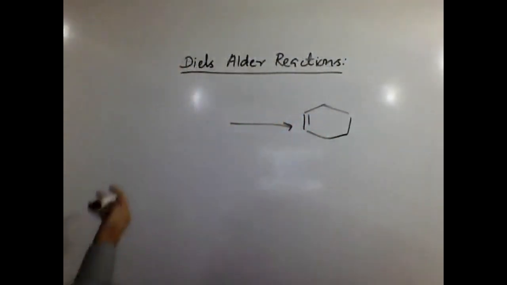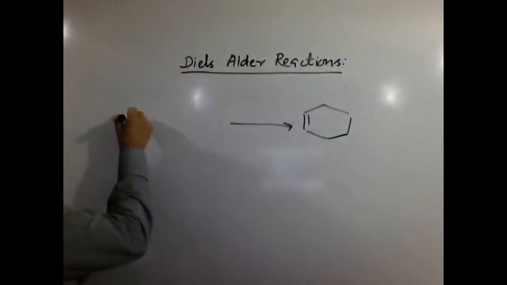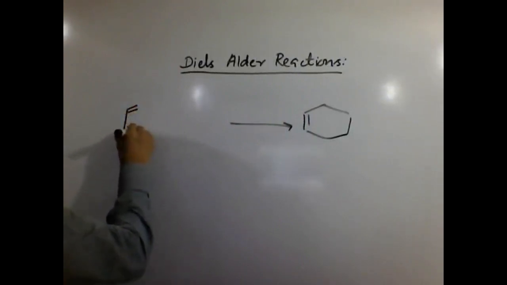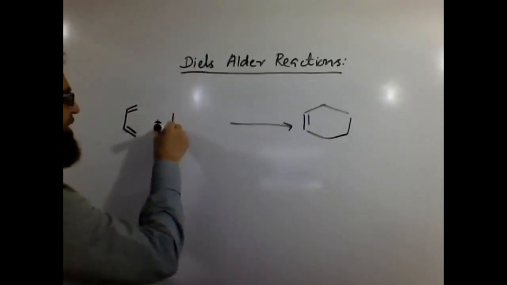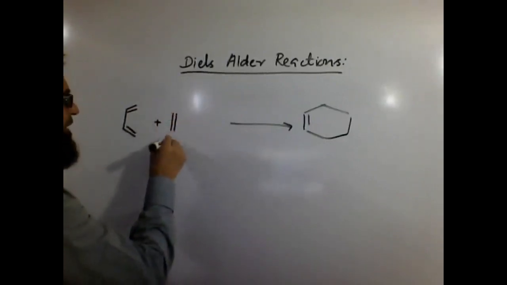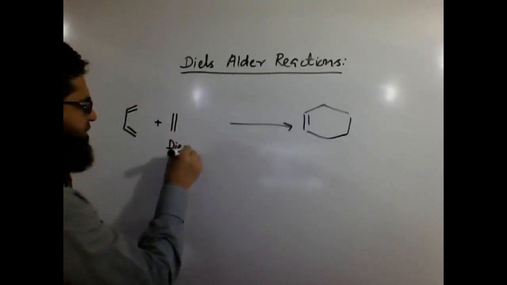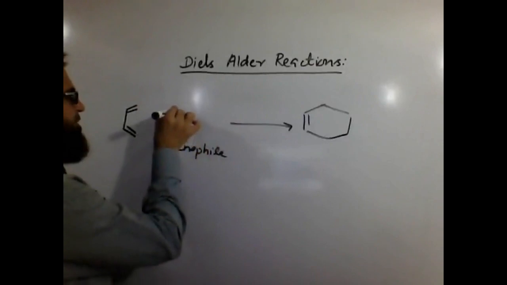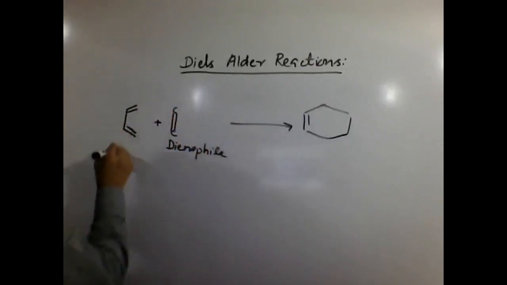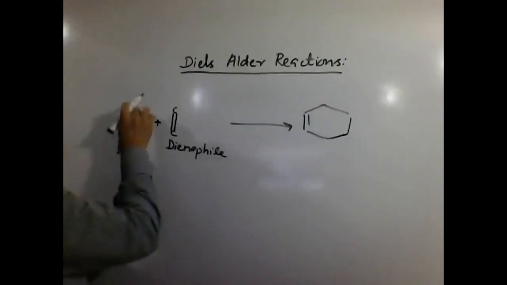For such a reaction, the requirement is a dienophile, the one which carries one double bond, and a diene, the one which carries two double bonds.